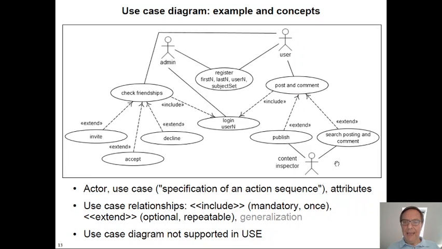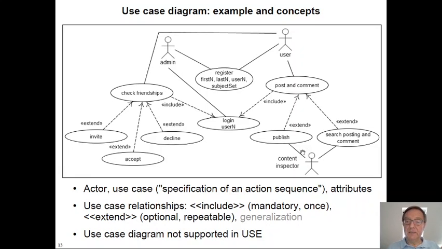There's another actor in this use case diagram, that is here the content inspector. When the user has posted or commented particular things, so she or he has published a posting, the other option here is to search postings and to comment postings.